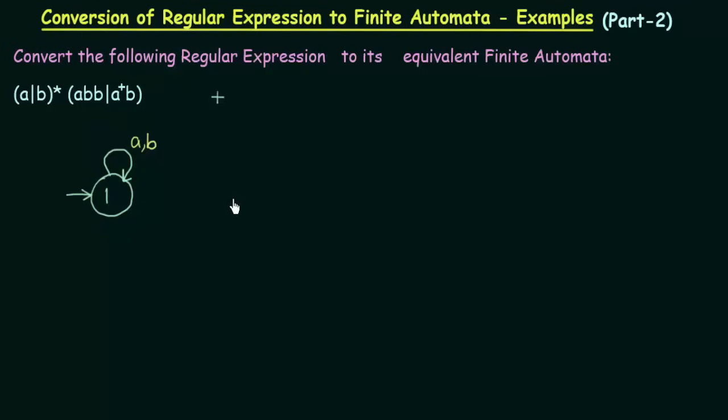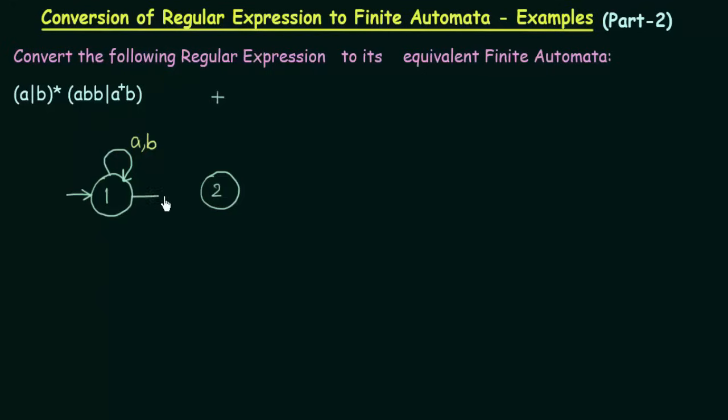So for that, let me make another state over here which I will call state number 2. And we already studied that whenever we have sequence of the form ABB, that means if there is no plus in between, if it is just written together like this, that means you just have to make separate states for them and make them keep moving forward.